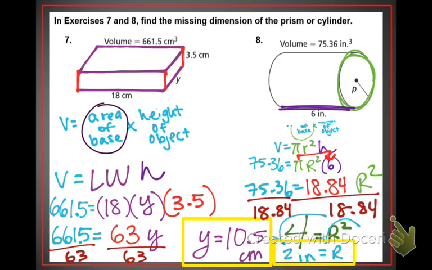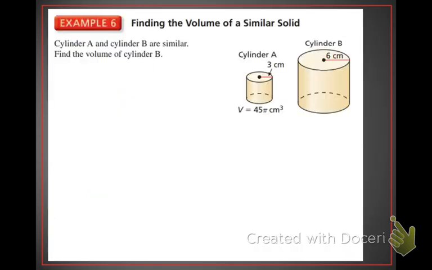All right, the last thing we do together is over similar solids. It's in the center of this page. So with similar solids, we used to do this with area. We're going to do the same thing. If you remember the area formula, it was side 1 over side 2. And then what did we do with those two things? We squared them. So what do we think we're going to do here instead of squaring?